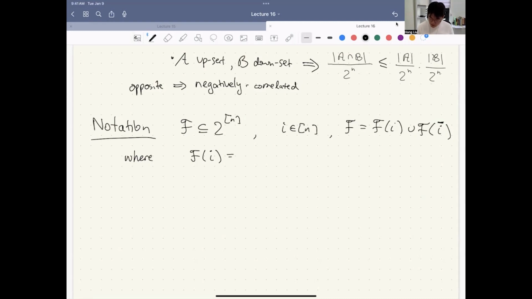F_i is all the sets in F containing i, and F_i-bar is all the sets in F not containing i. There's a natural way to visualize this. So let's imagine n is 3 and i is also 3.